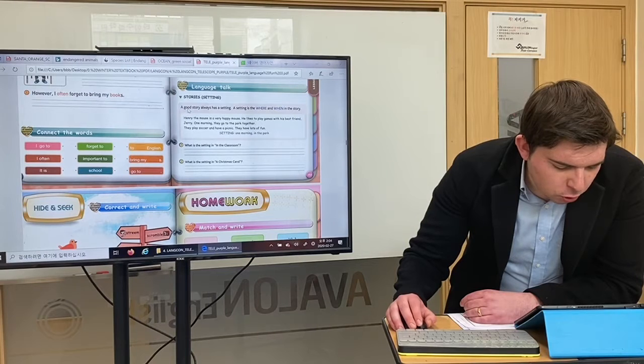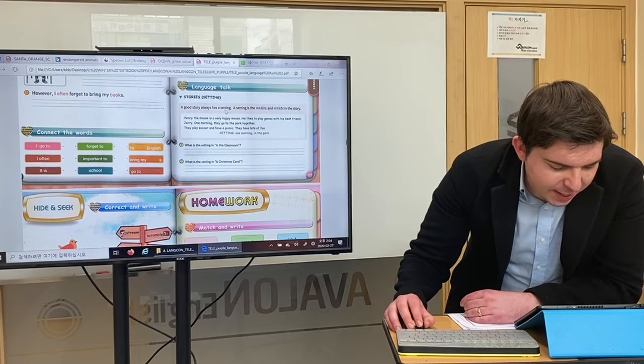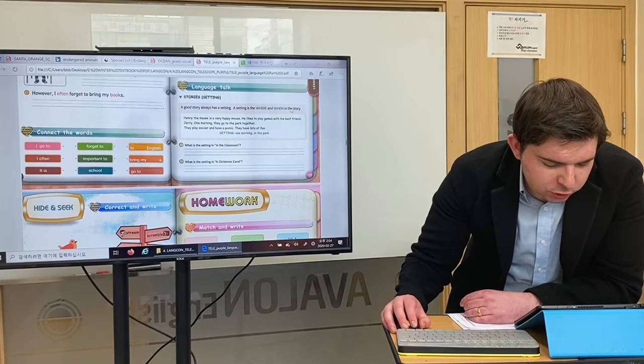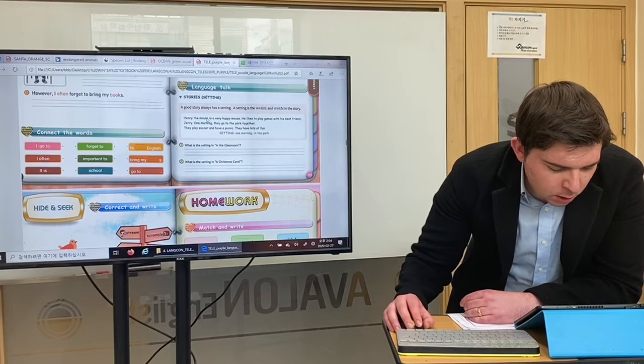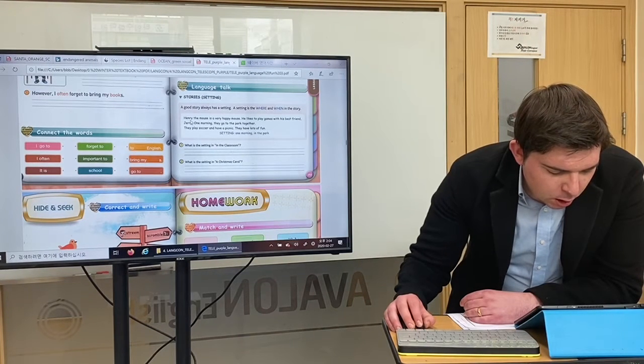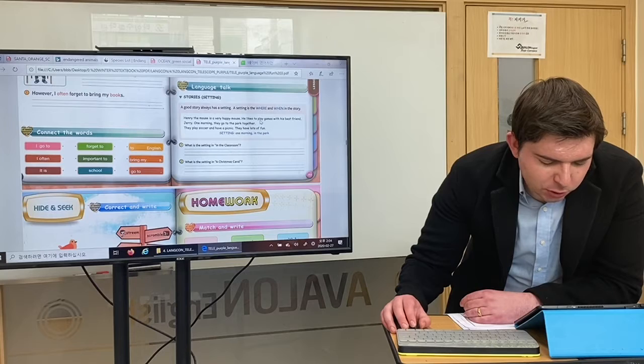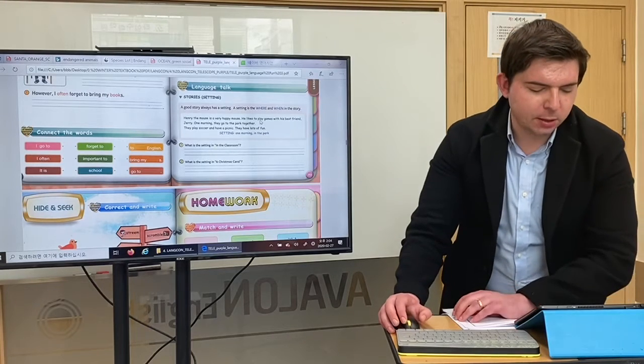So a good story always has a setting. A setting is the where and when in the story. So we have an example here. Henry the Mouse is a very happy mouse. He likes to play games with his best friend Jerry.